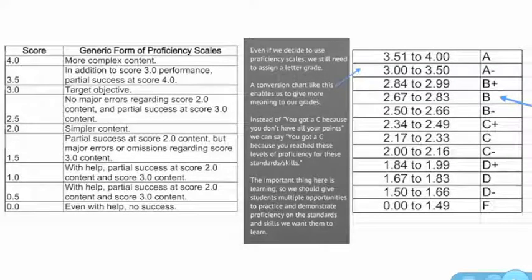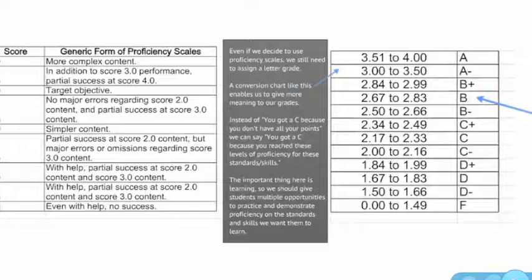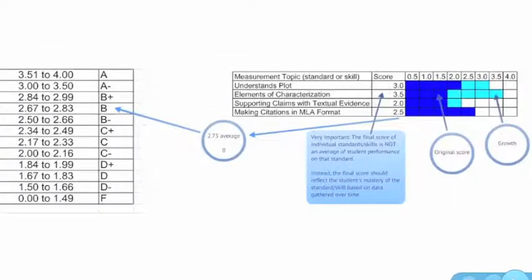So with the focus on learning, what does a grade book look like? One of the articles from the issue of Educational Leadership I mentioned offers a chart similar to the one here, where a grade book is a list of standards or measurement topics or skills that we want our students to master, and then we record the student's score.